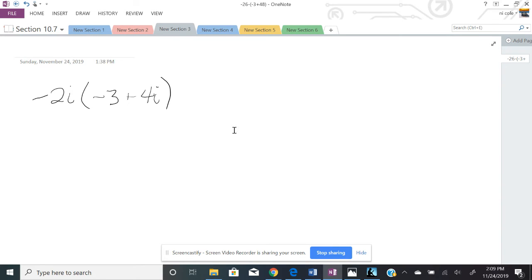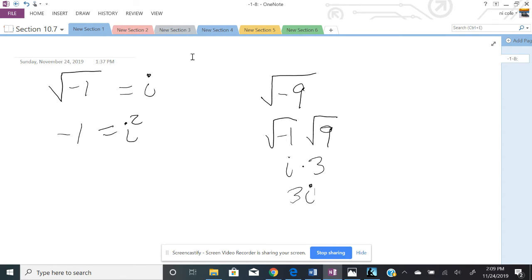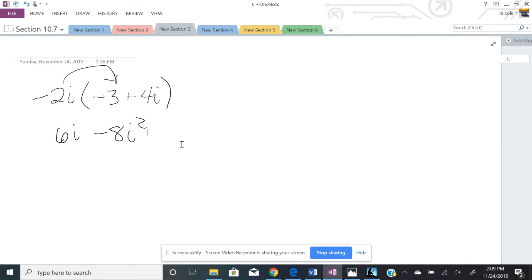Here we go again. We get to distribute. So you've got -2i times -3, which gives you a positive 6i. And then you have -2 times 4i. So that becomes minus 8i squared. And remember, back over here, i squared is equal to -1. So we have to simplify that.